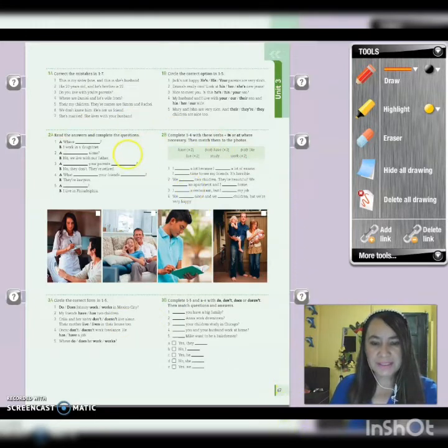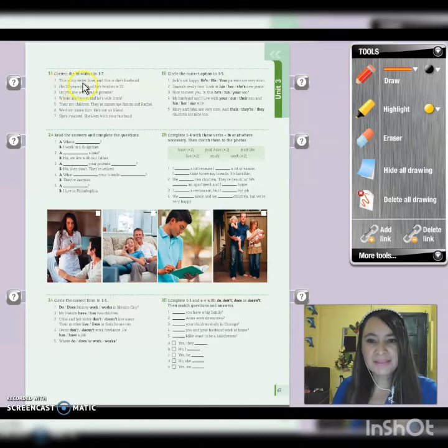Here we have some activities, but we are going to complete just exercises 1A and 1B. Let's start with 1A. What you have to do? Correct the mistakes in 1 to 7. Vamos a corregir los errores en estas oraciones. Read carefully and find the mistake.